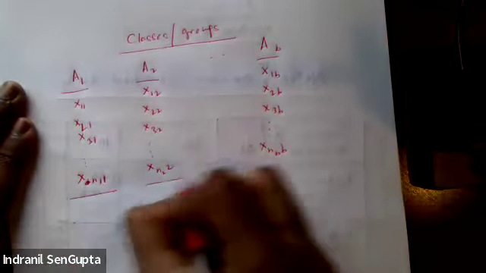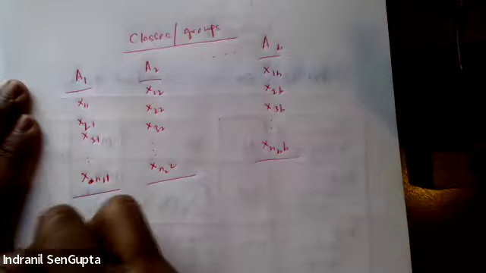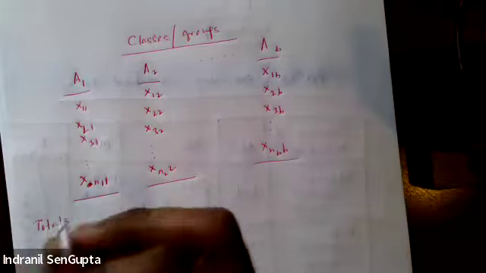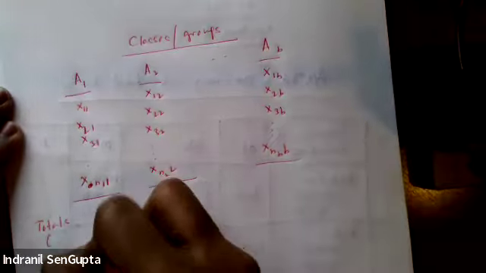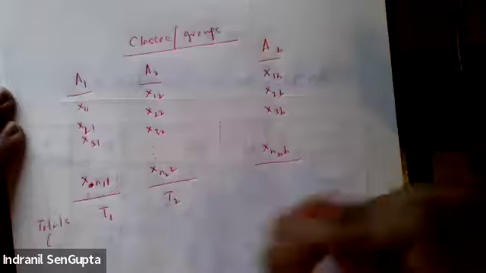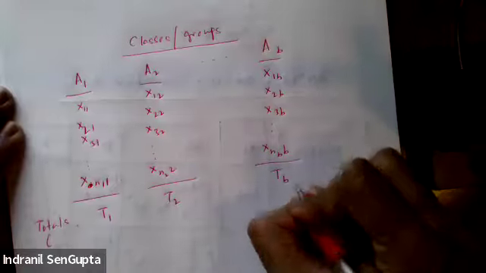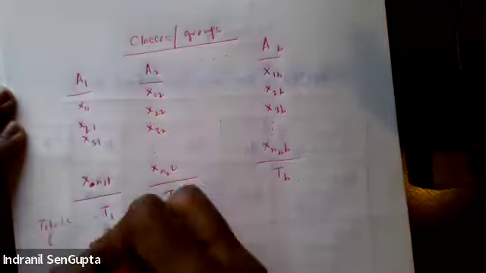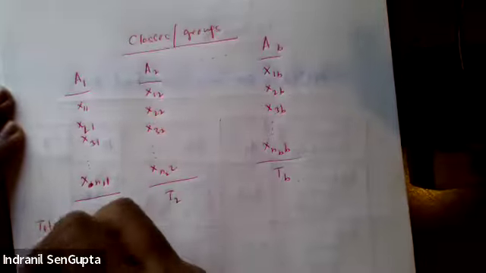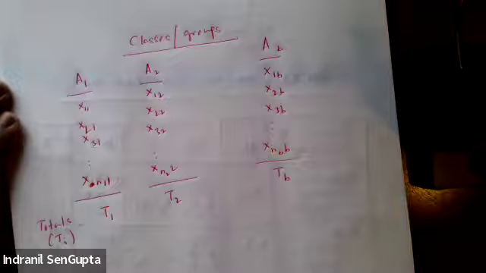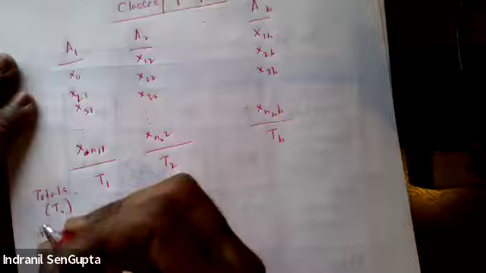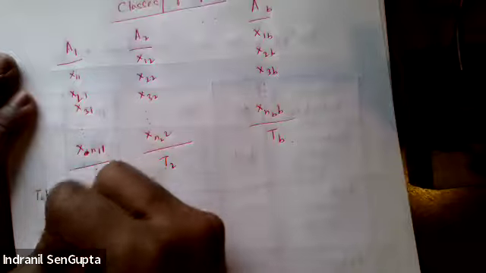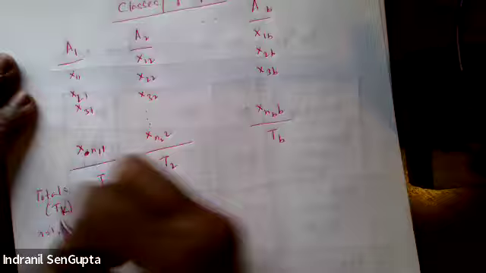Okay. Now here, we'll call the totals. The first one, we'll call the total of this one T1, T2, all the way up to T sub B. And we'll denote this as T sub i. If you don't like this i, let's use k because we have already used i and j.